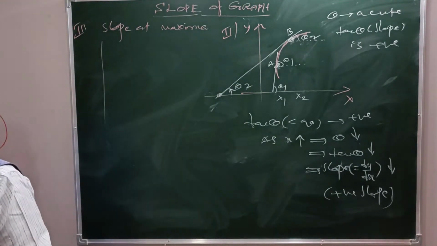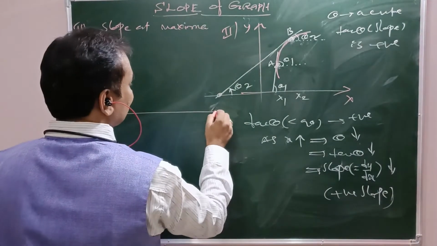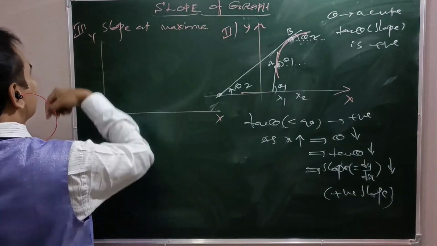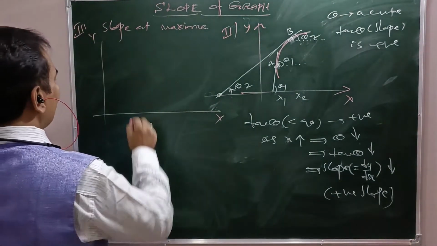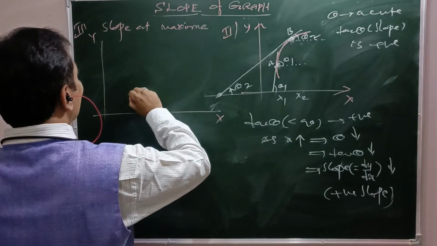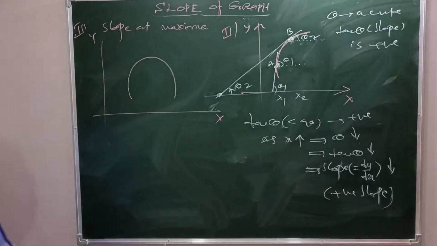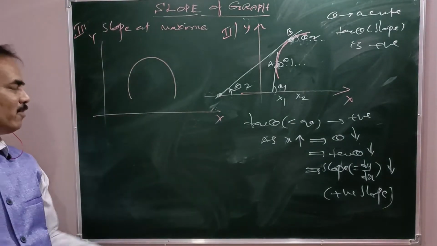See, in this example, this is the x-axis and this is the y-axis. This is the variation of y with respect to x as an example.